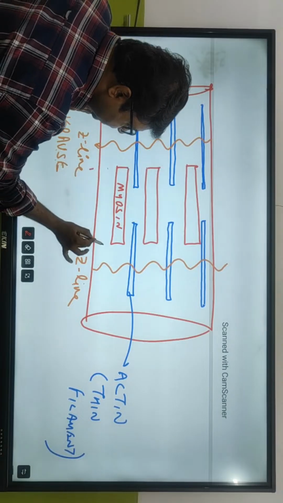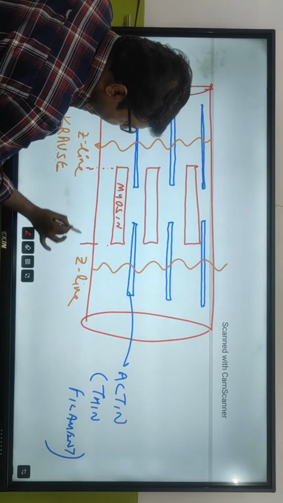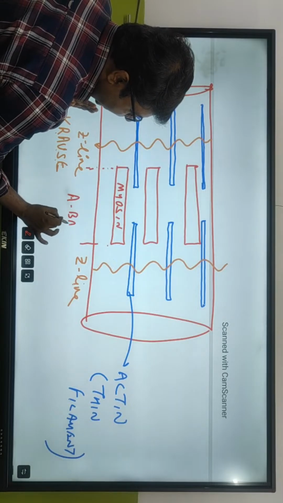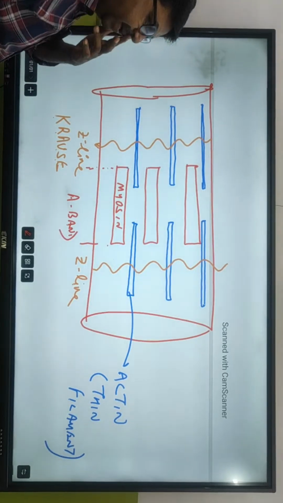Now, within this, ये जो myosin filament, जहां पे thick filament है, if you just consider this particular part, जहां तक myosin filament है, this is called A band or anisotropic band. क्या कहते हैं इसको?